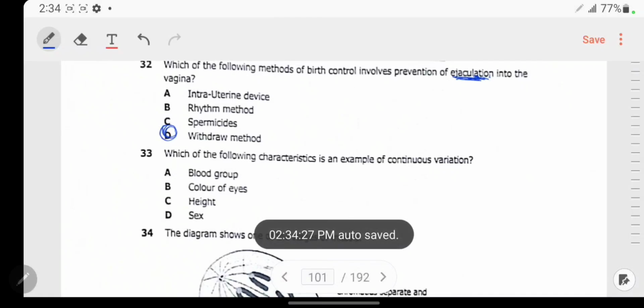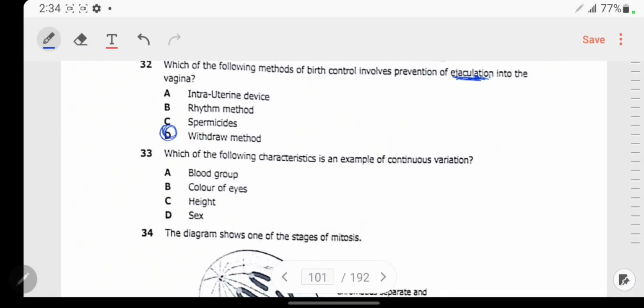33. We are told, which of the following characteristics is an example of continuous variation? Now, continuous variation has got intermediates. For example, if we're talking about the color of the skin, you will find that this one is brown, this one is a bit browner than the other, like that.